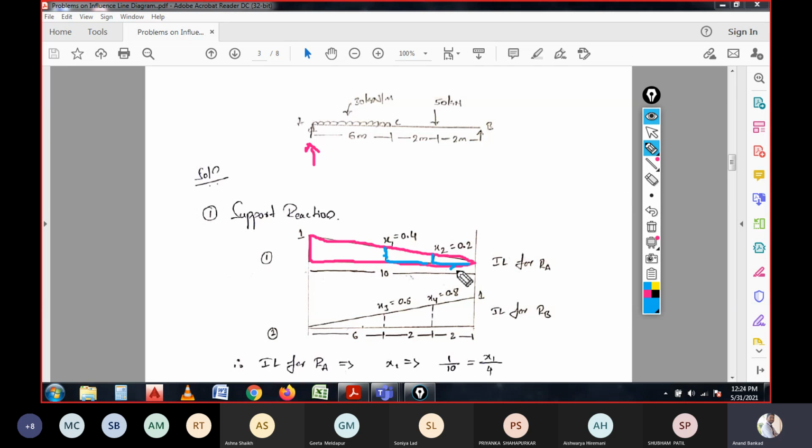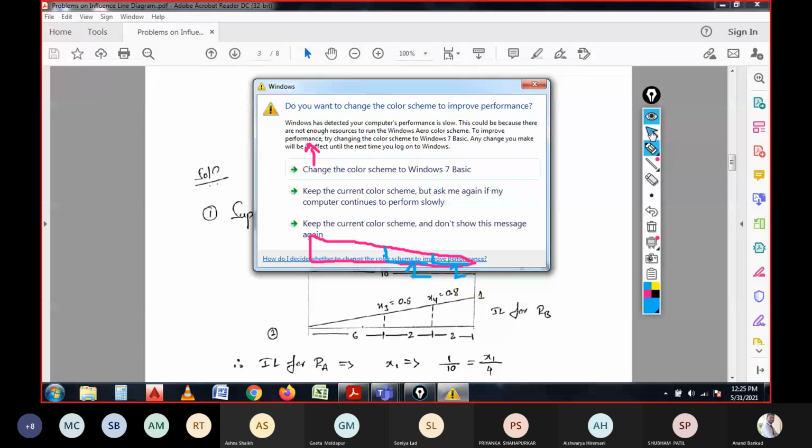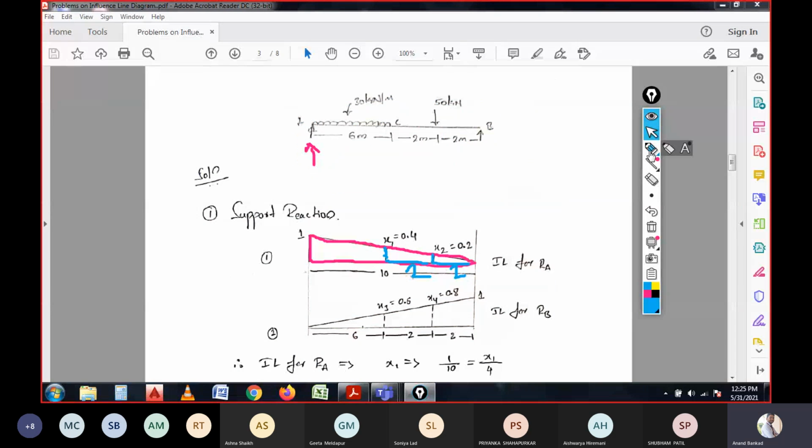Again over here it is 2, and for this support we have a 2 meter span, and that is 2 by 10, which is 0.2.